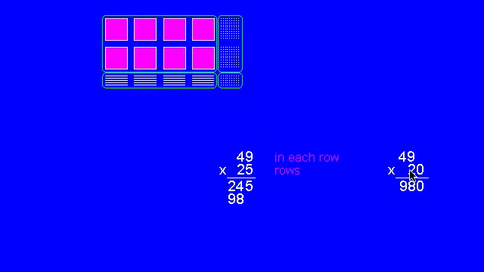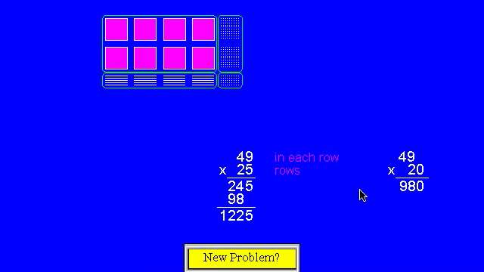And another way of doing it is just this way. And now we do our subtotals. 5, 8, 4 is 12. 2, carry your 1. So 2 and 1. Okay. So this is a lot easier than adding 49 25 times.